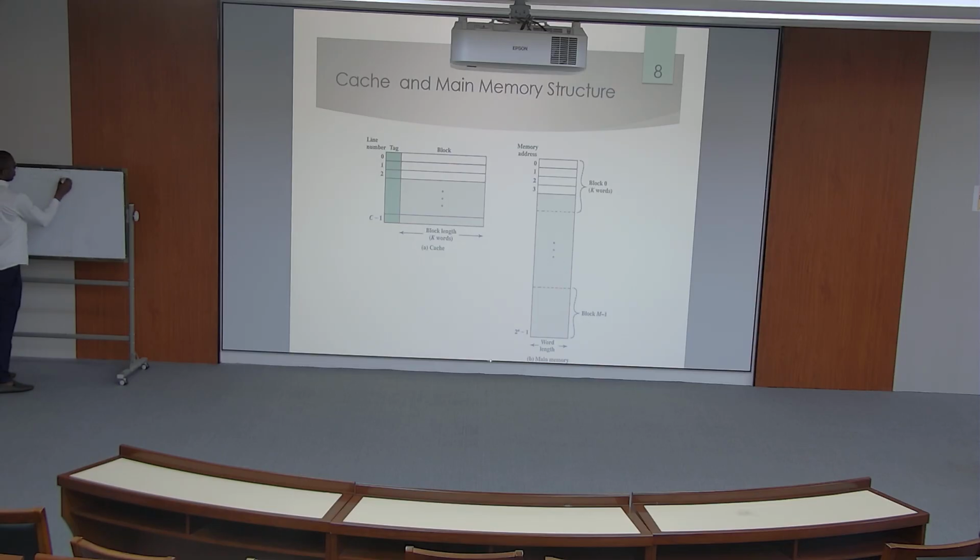Here we have the blocks, and here we have memory addresses: 0, 1, 2, up to 2 to the power of n minus 1. And we also have the word length.